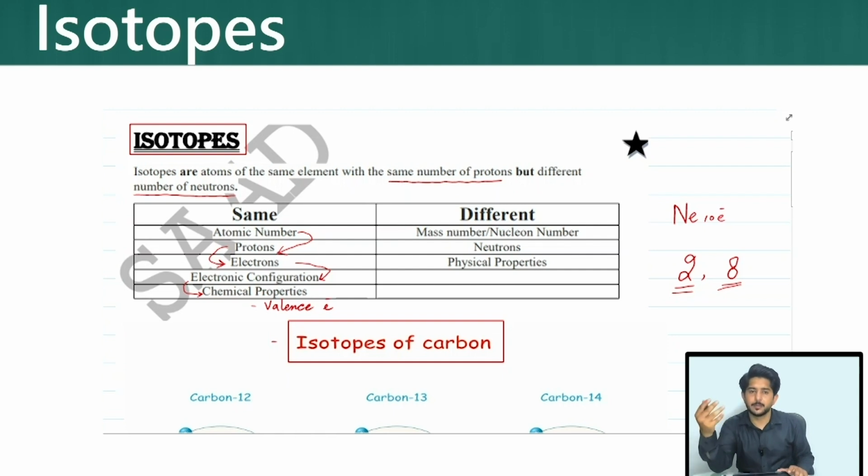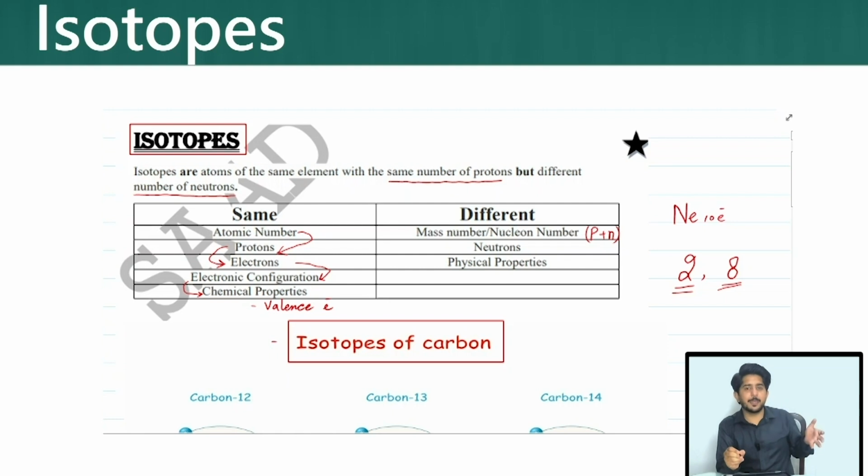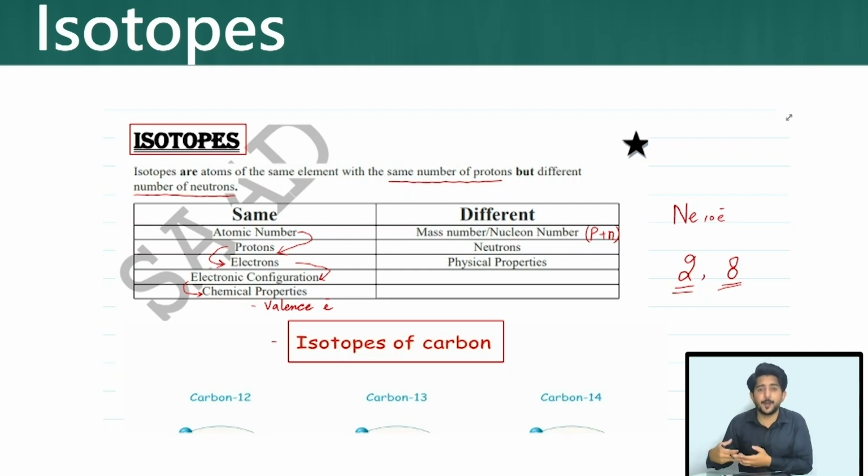On the other hand, mass number is different, and we know that mass number is the sum of protons and neutrons. If the protons are same, what is the other thing which could be different? Obviously the number of neutrons. So number of neutrons are different in isotopes.